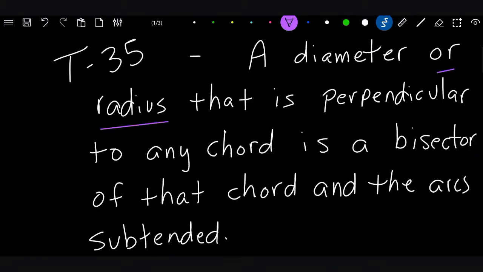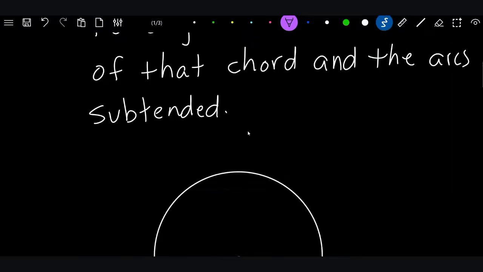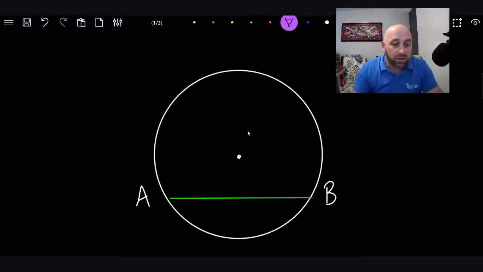And what does it say about the diameter or the radius? It is perpendicular to the chord. What does perpendicular mean? Now, I'm not going to take the time to do it right now, but perpendicular means that you basically construct a perpendicular bisector. Okay, how do you do that? Well, you take the endpoints. This goes back to the beginning of the book when we learned how to do this construction.